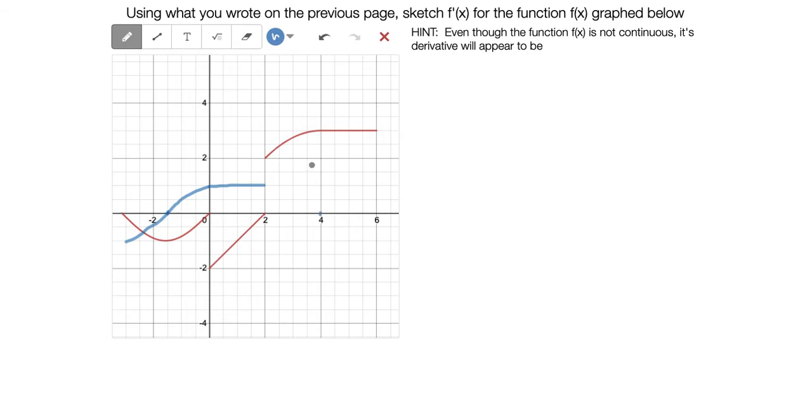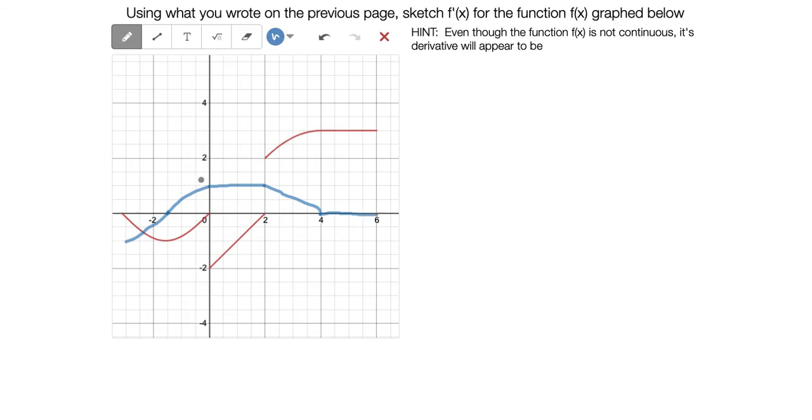So the derivative must be 0. So between here, where the slope is positive, and here, where the slope is 0, my derivative must decrease. I'm trying to draw a straight line. Didn't really succeed. And then between 4 and 6, because this function is constant, the derivative must be 0 the whole time.